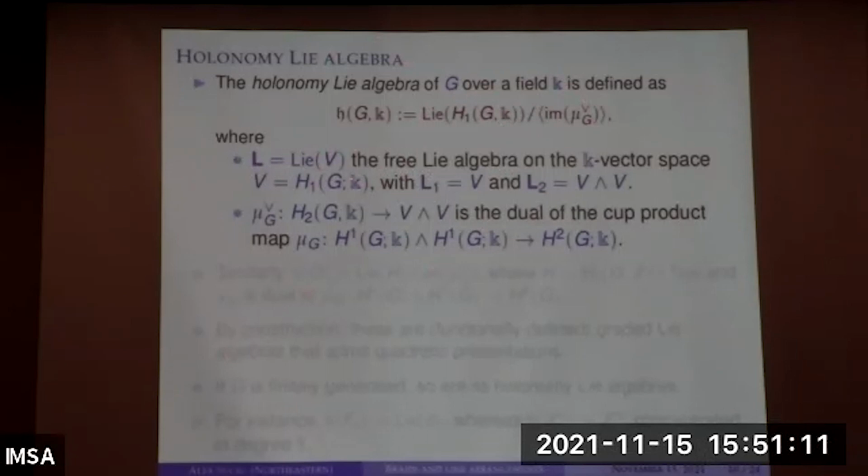Let's write L to be this free Lie algebra on the vector space V, where V is just H1(G,K). Now, remember what this free algebra is. Degree 1 is just the vector space. In degree 2, the free algebra is just V wedge V, where we identify the bracket [x,y] with x wedge y. That's a homomorphism.